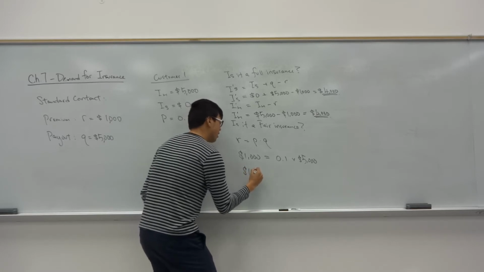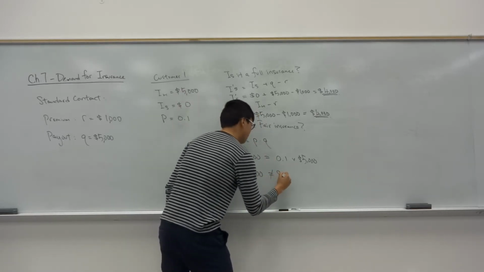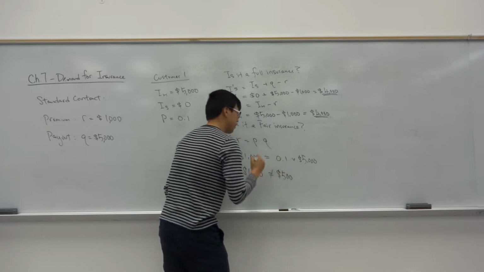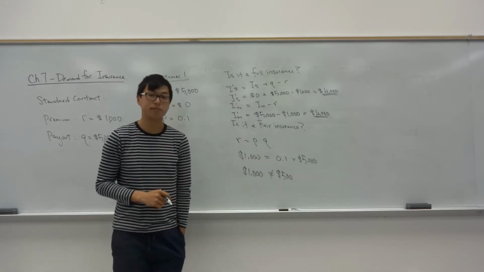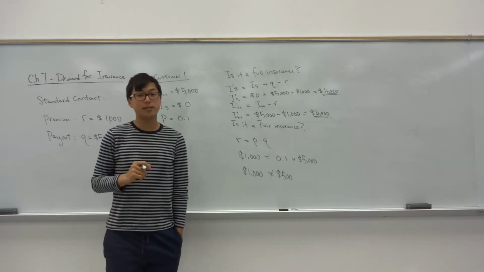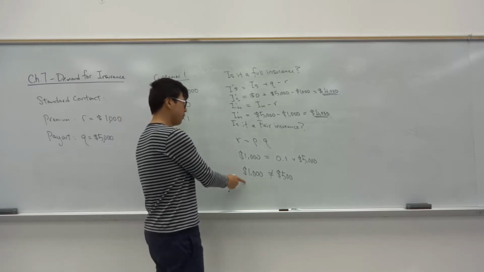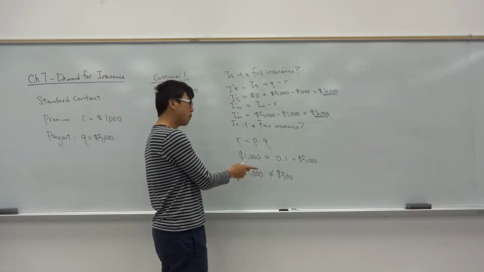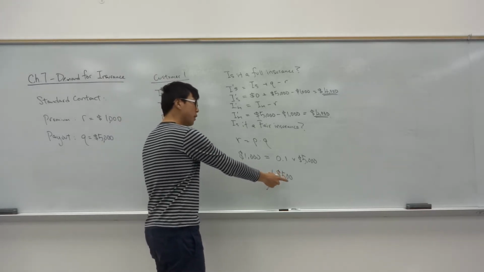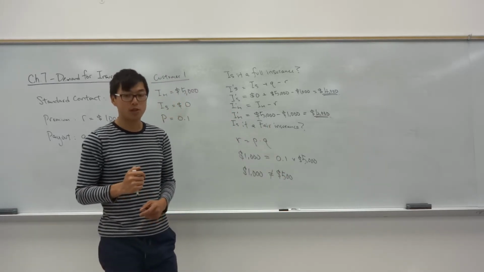Obviously, $1,000 is not equal to $500. So that means this is not a fair insurance. Indeed, this time the customer is paying more than what he is expecting to get returned from the insurance.